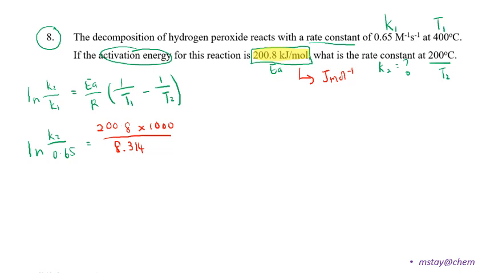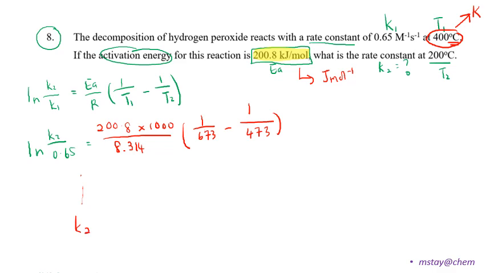Then the next part, 1 over T1. T1 is 400, and since it is given in degrees Celsius, we must convert it to Kelvin, so it becomes 673, minus 1 over T2. T2 is 200, so it will be 473. So press the calculator and continue the calculation.